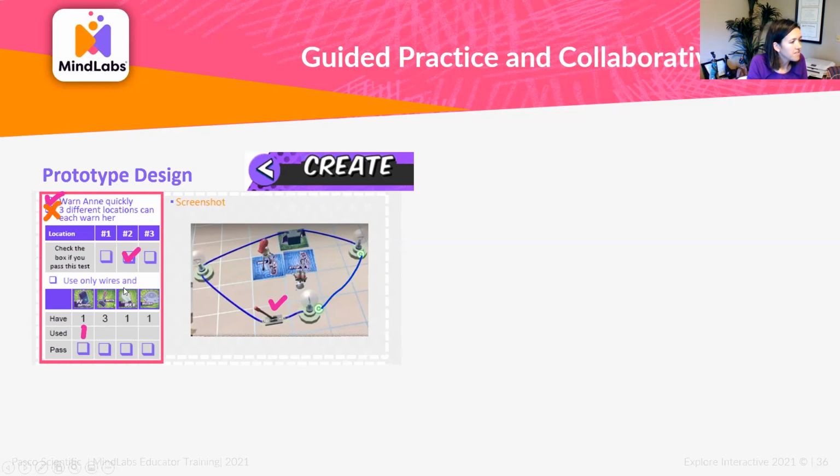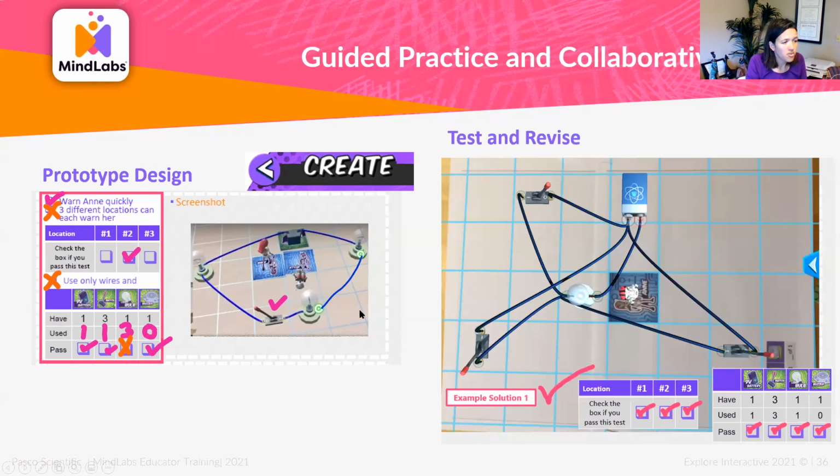We could continue down and say, yes, we used 1 battery, we used 1 switch, we used 3 light bulbs. So we passed on that and that, but we used 3 light bulbs, which you didn't have available. So again, we didn't pass the materials constraint either. The prototype needs to be modified: fix it, troubleshoot it, figure out what's going on. One of the possible solutions, and there's more than 1, would be shown here, where each location has its own switch.